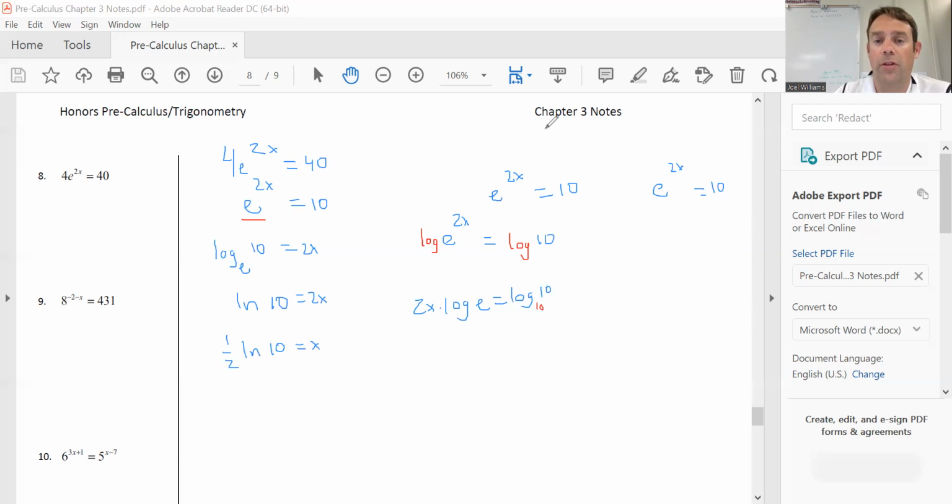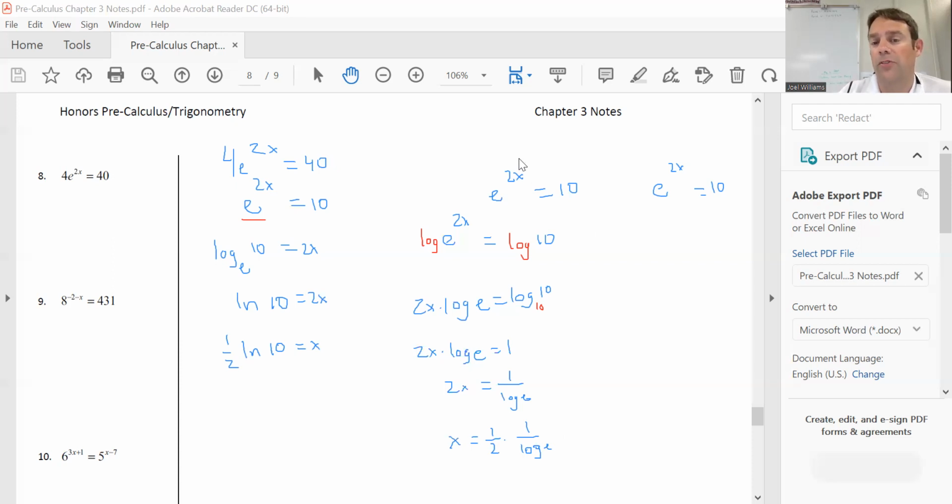When the logs are the same thing, that equals 1. What you're going to see is there's a lot of different ways we can come up with answers. They look different, but they all work. So if I divide both sides by log e, I get 2x equals 1 over log e. And if I multiply both sides by 1/2, I get x equals 1/2 times 1 over log of e. So that's another way to do it.